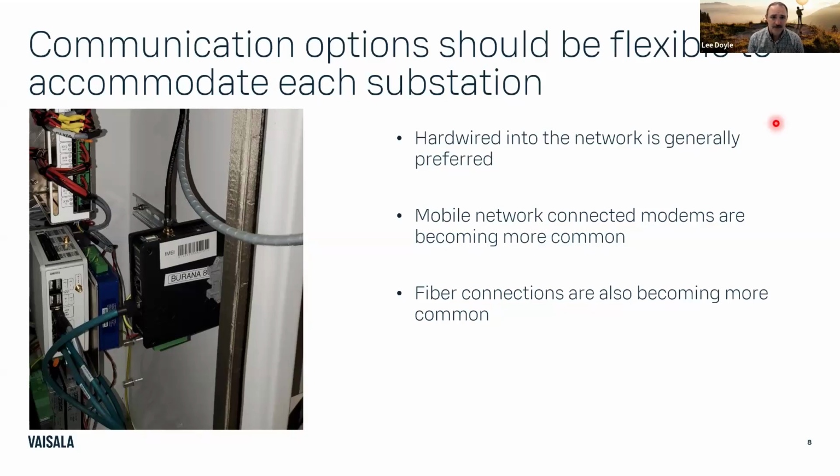So having a monitoring system that can be flexible to that is really important. And obviously we see fiber becoming very much a standard for communication going forward, so be prepared for that as well.